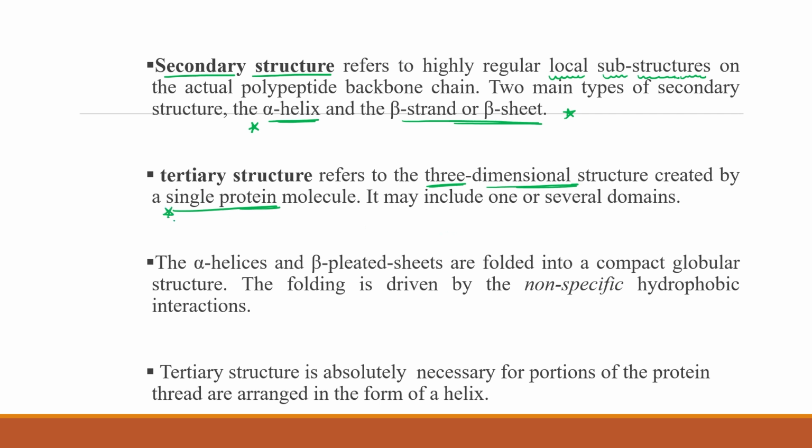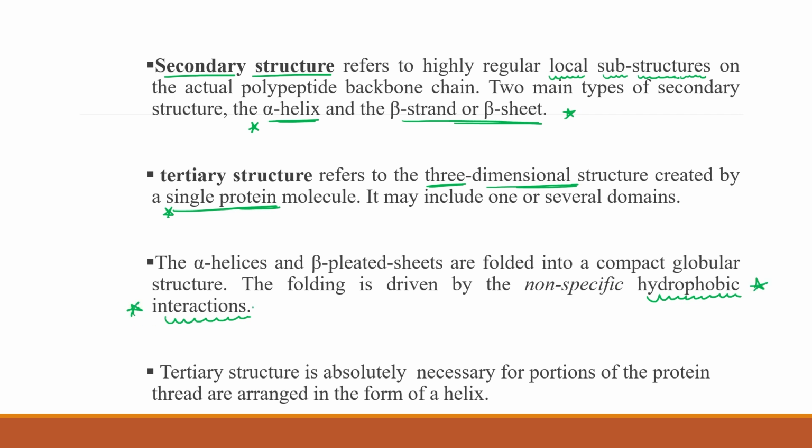This is important. So the alpha helix and beta pleated sheet fold together and form a compact, globular structure, and this folding and unfolding is driven by some hydrophobic interaction. What kind of bond is there? Hydrophobic interaction.